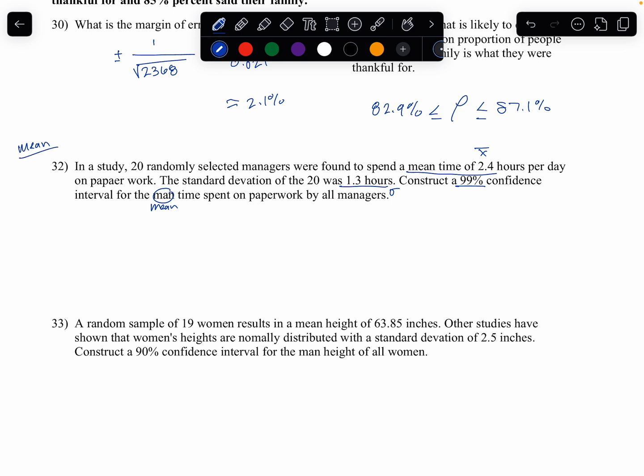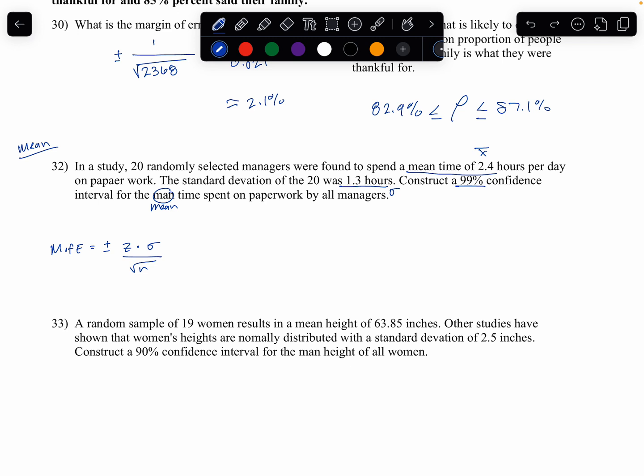The mean margin of error is different, where the margin of error is equal to plus or minus z times the standard deviation divided by the square root of n. And z has to do with our level of confidence.